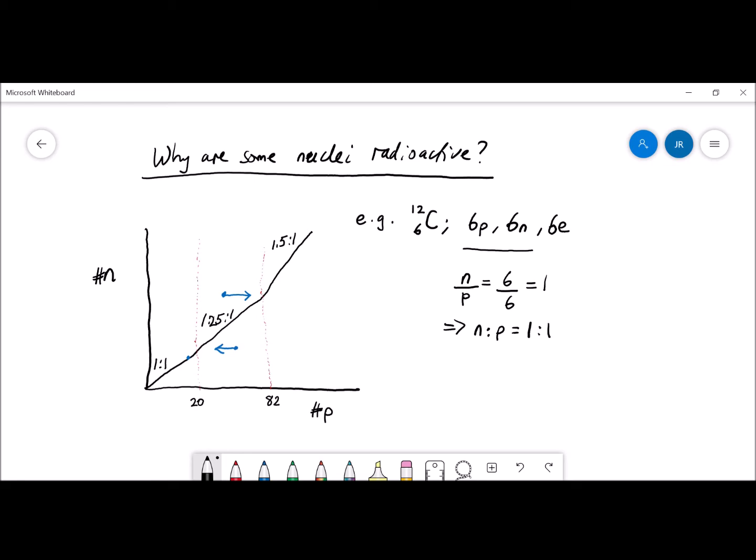Now, should it be 1 to 1? Yes. How do we know? Well, let's click on this red pen and look at why this should be a 1 to 1 ratio. So we can see that there are 6 protons. So that means we should be in this range here. So 6 is about here. So in this range, we're stable if we have a 1 to 1 ratio of neutron to proton.